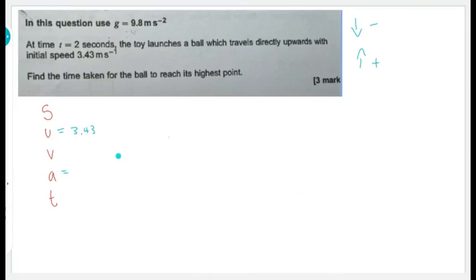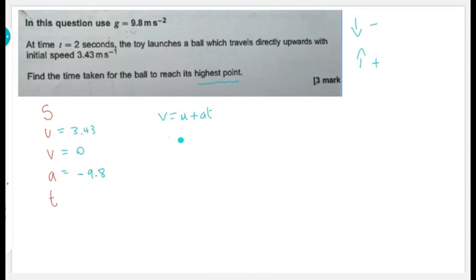So that's minus g, or minus 9.8. And if we're trying to get to the highest point, we know that at the highest point, v is going to equal 0. And if we're trying to work out the time taken, well, we've got u, v, a, and t. So we've just got v equals u plus a t.